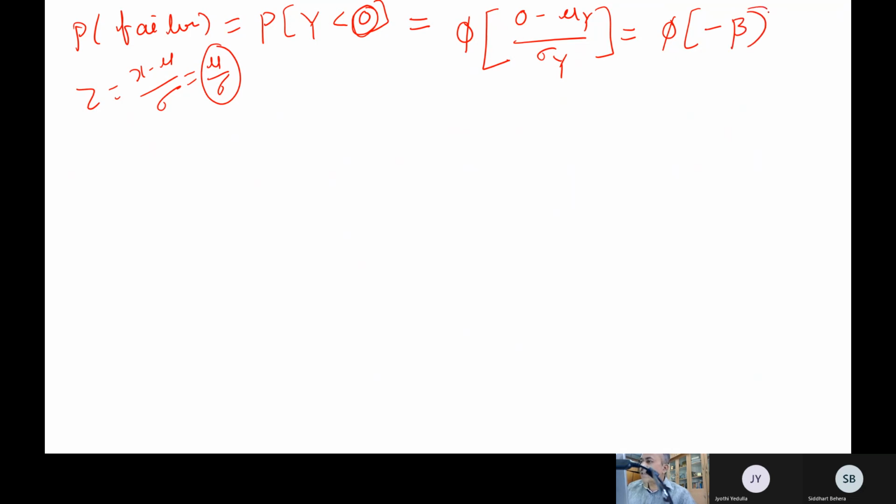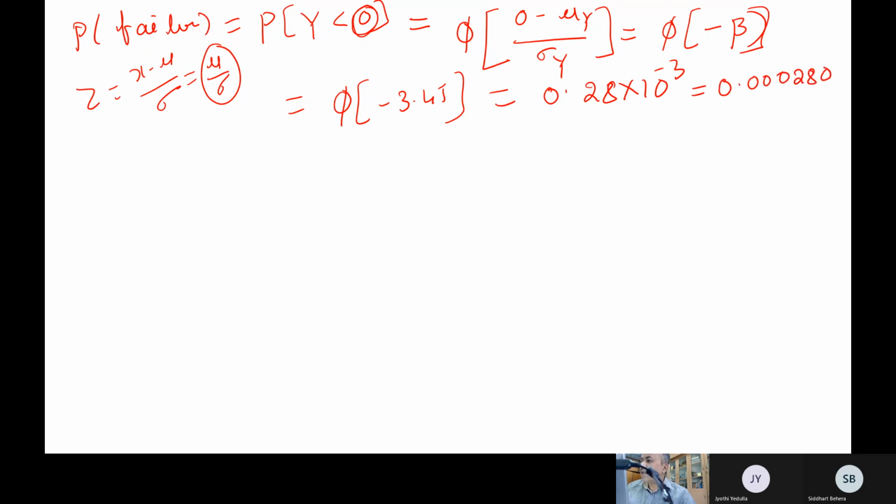So this turns out to be phi of minus 3.45. You can see this from the standard normal table, finding it from the area. So this turns out to be 0.28 into 10 to the power of minus 3, or 0.000280. So this is the probability of the failure itself.